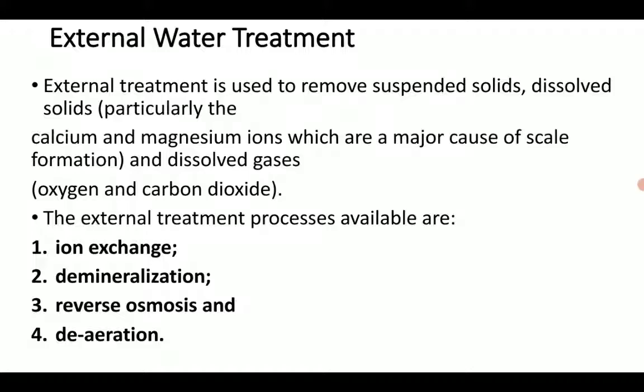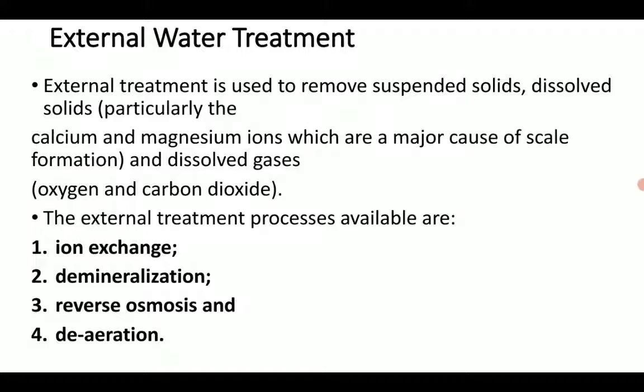The external treatment processes available are ion exchange, demineralization, reverse osmosis and deaeration. So external water treatment is used to remove suspended solids and dissolved solids, and internal water treatment is used to remove the sludges. Sludges are the small particles of scaling. Once the scaling is removed, it forms sludges.